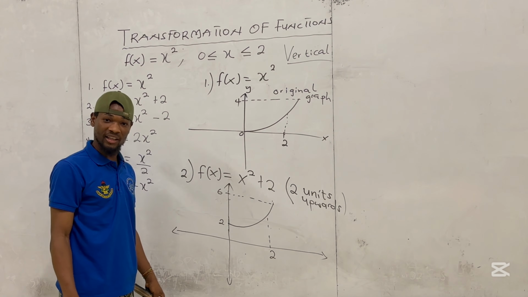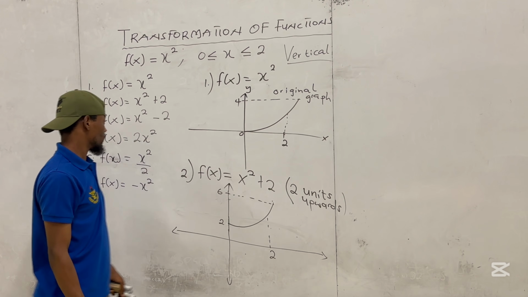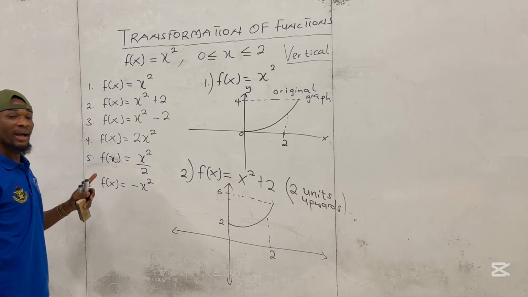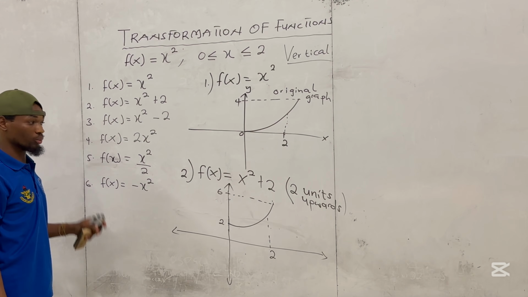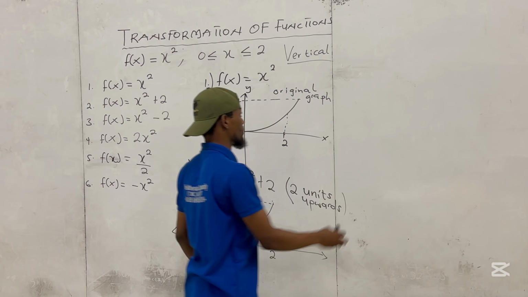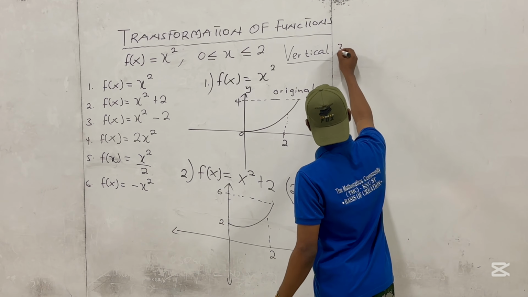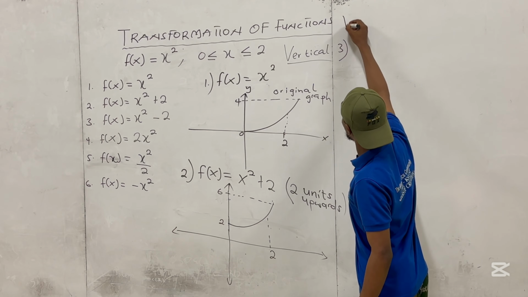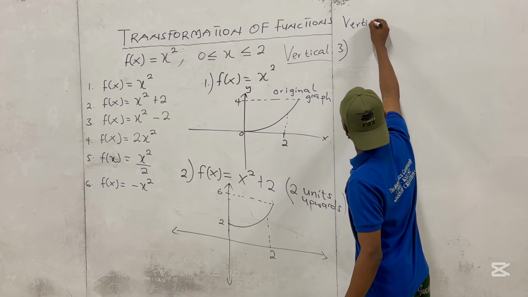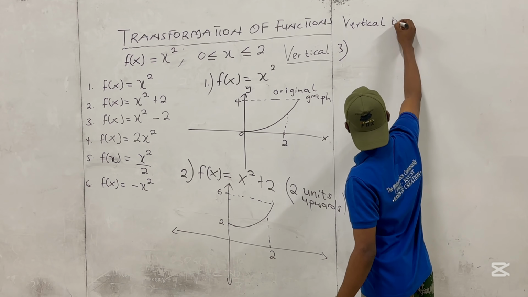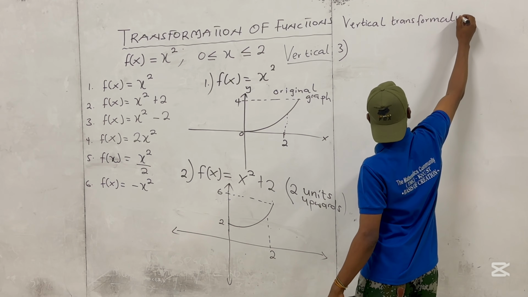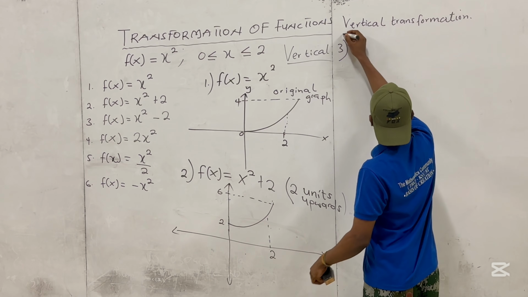Let's consider the third one. So we have f of x is equal to x squared minus 2. We are still considering vertical transformation.